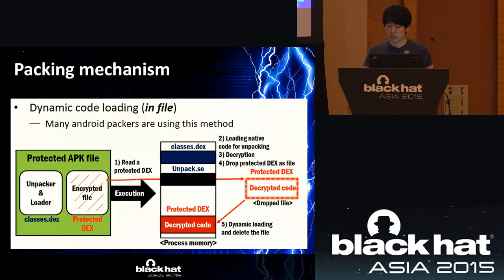And then the decrypted Dex is stored to a temporary file. After that, the loader in classes.dex loads the decrypted Dex that was just stored to file temporarily through functions for dynamic code loading like DexClassLoader and PathClassLoader. And at last, the decrypted Dex file is removed. A lot of Android packers are employing this mechanism.